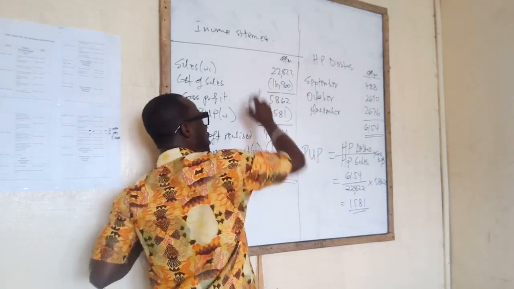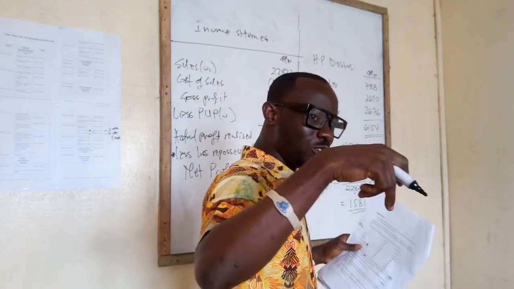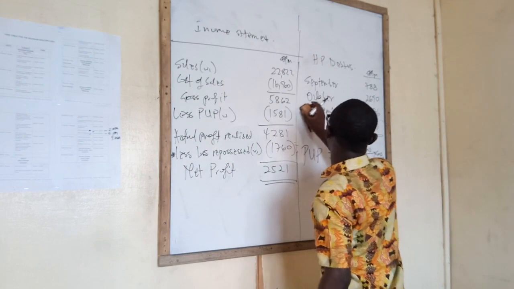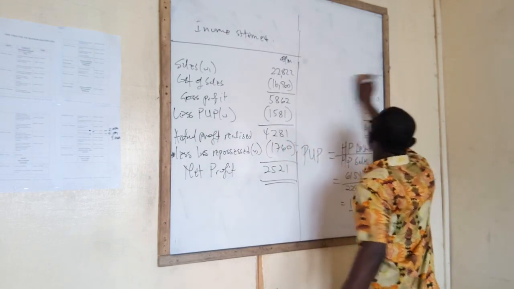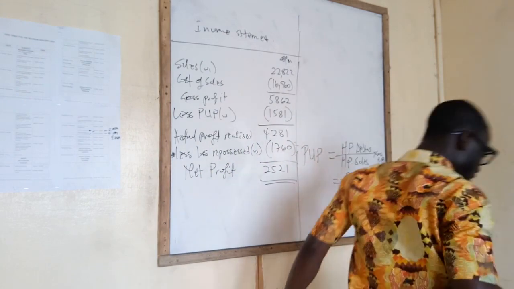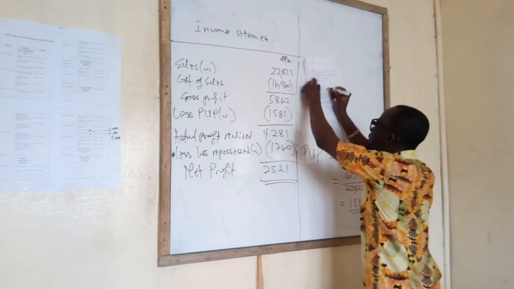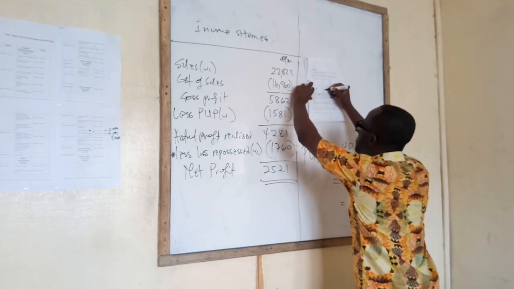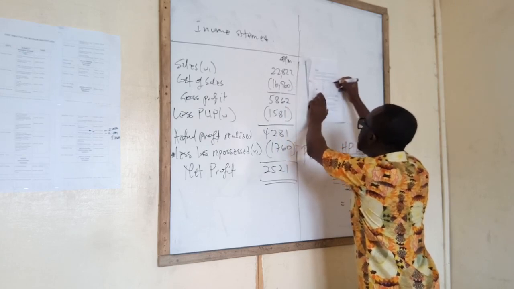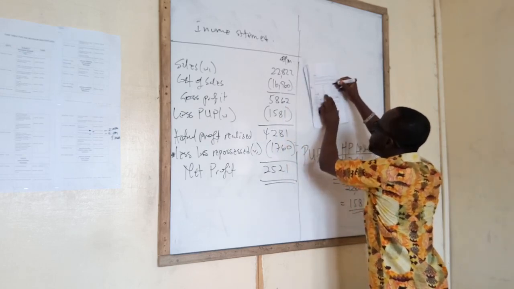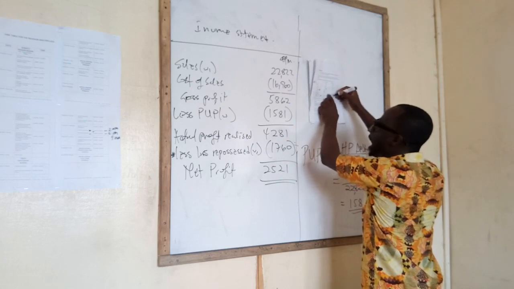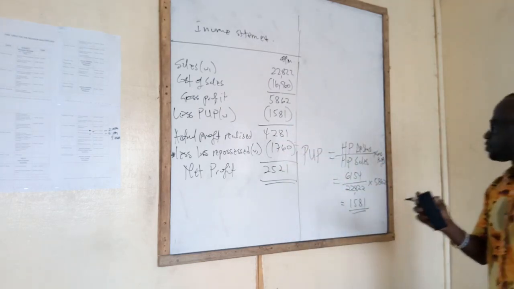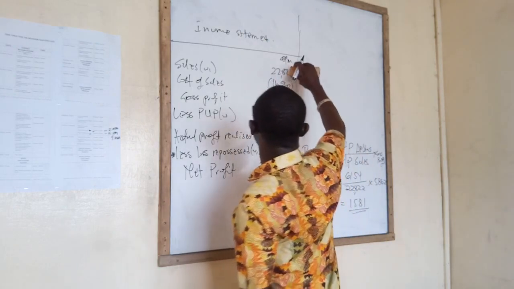Meaning this cost of sales figure is not supposed to also include that goods that was repossessed. So we have to do an adjustment for that. Like you did the workings here, just build it up from there. Deduct the repossessed goods from the cost of sales. Deduct the hire purchase also from the hire purchase sales. And then let's get those actual figures. So meaning there's a problem with our workings.